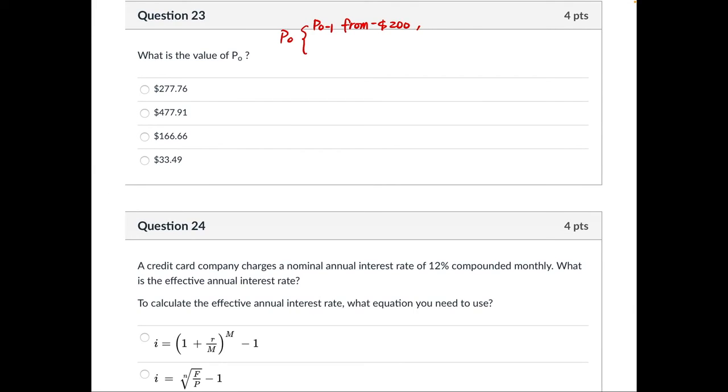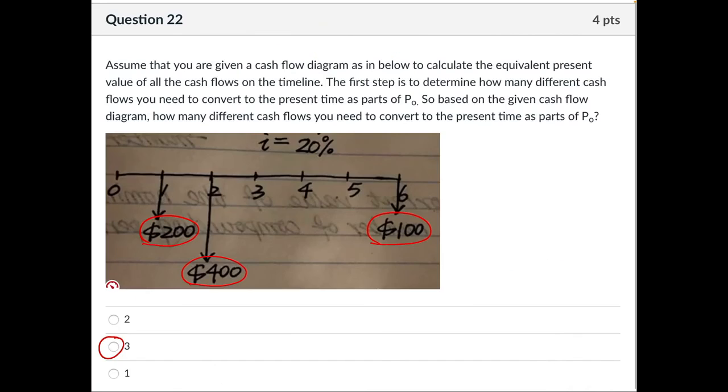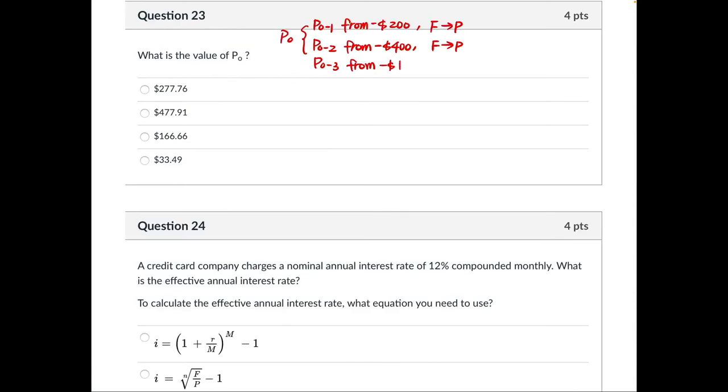Compared to the present value, it's converting a future value to present, right? And P0-2 is from the 400 at the end of the second year. It's still a future value converted to present value. And the last part, P0-3, is from the 100 at the end of the 6th year. It's still converting the future value to present value.